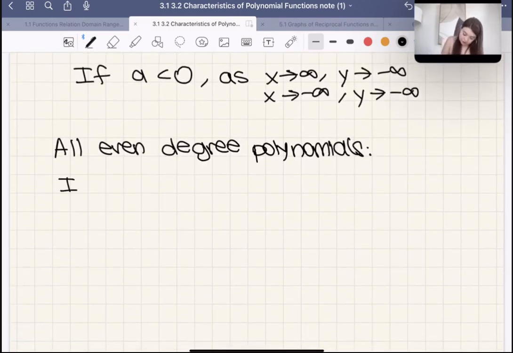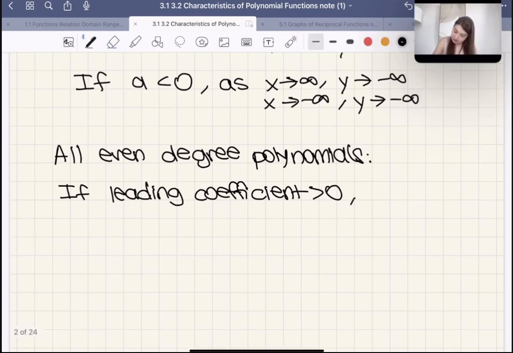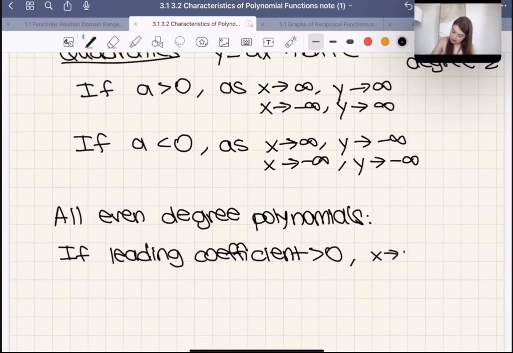For all even degree polynomials, if the leading coefficient is greater than 0, then we have the same end behavior as this first one, where as x approaches infinity, y approaches infinity, and as x approaches negative infinity, y approaches infinity still. Because with even degrees, they both go up in the same direction.